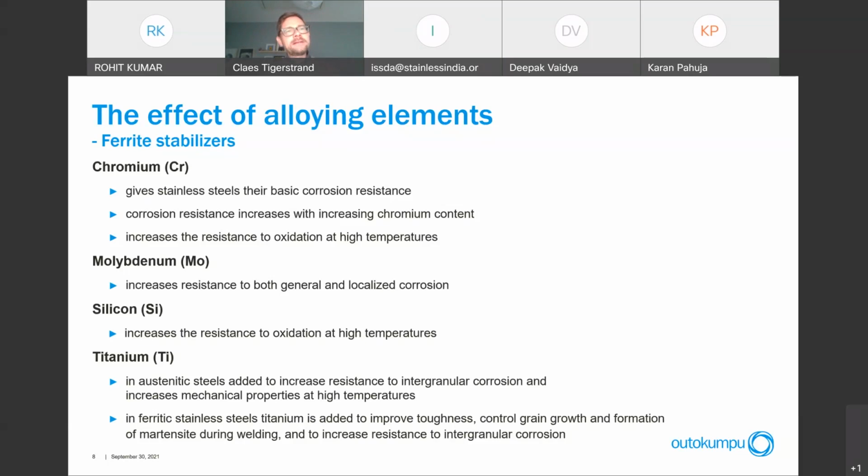In ferritic stainless steel, titanium is added to improve toughness and also to improve the weldability, to control the grain growth during welding and to avoid transforming the structure into martensite during welding. And it also increases the resistance to intergranular corrosion, which is similar to what it will do in an austenitic stainless steel.